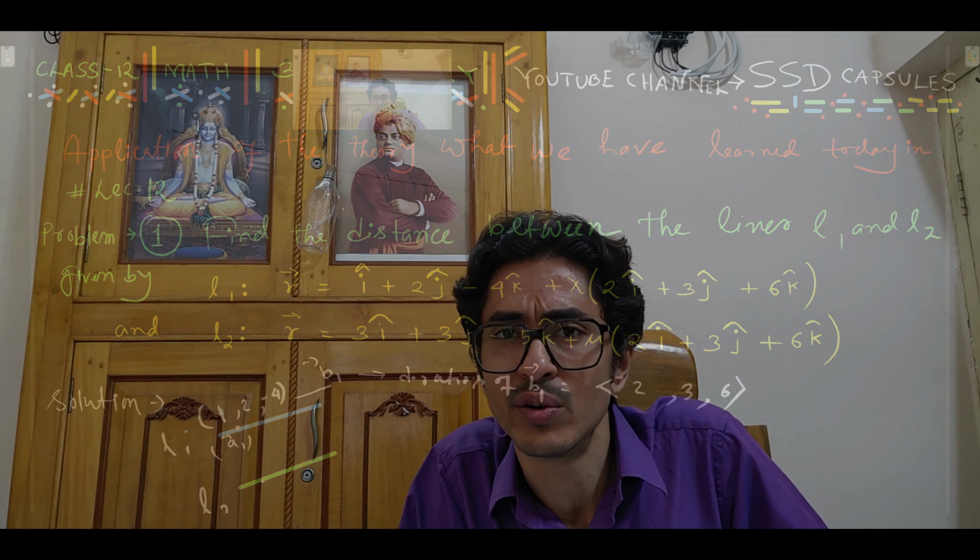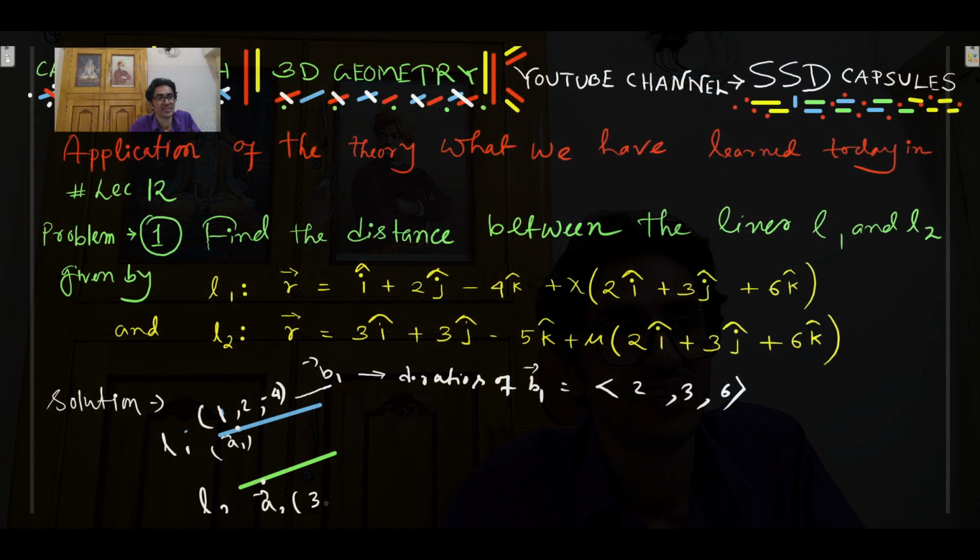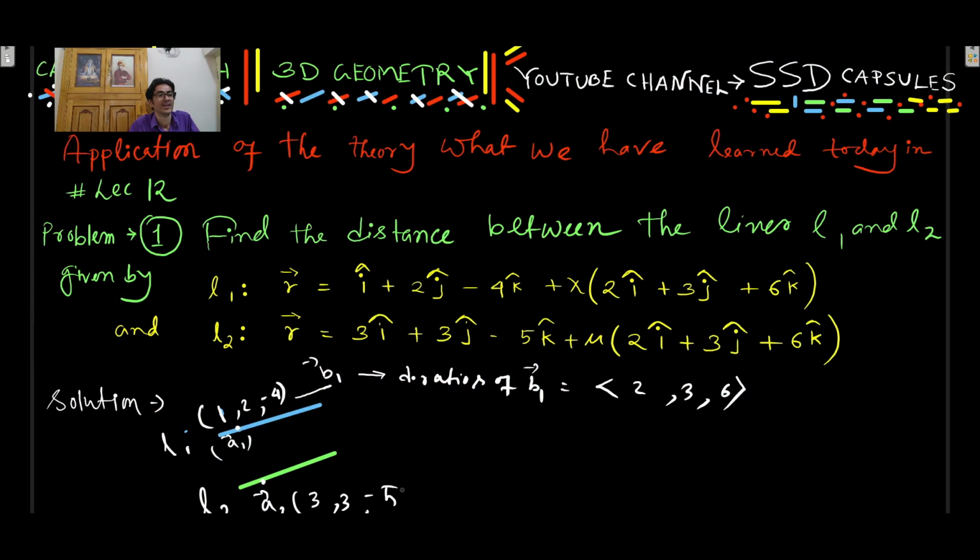From the equation of line 2, if we go through lecture number 7, we can easily write down that line 2 passes through a particular point whose position vector is A2 vector, with coordinates 3, 3, minus 5, and it is also parallel to, say, B2 vector.